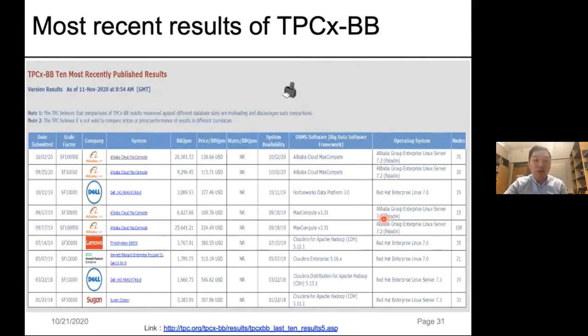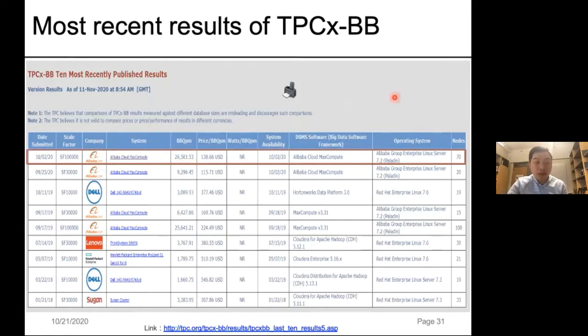So the TPC vendors can release their results at TPC. For the TPCx-BB, the recent top 8 results are shown here. The Alibaba Cloud MaxCompute system tops the list with a BBQpm of 26,000.